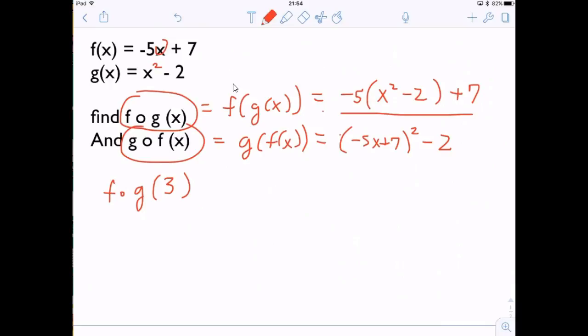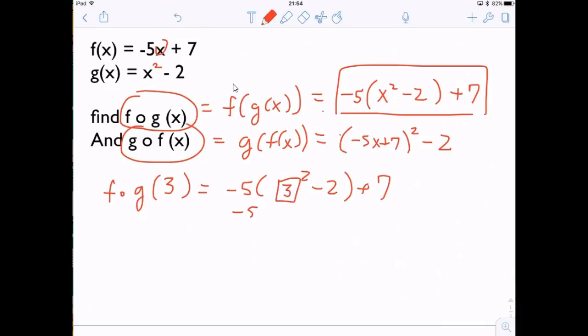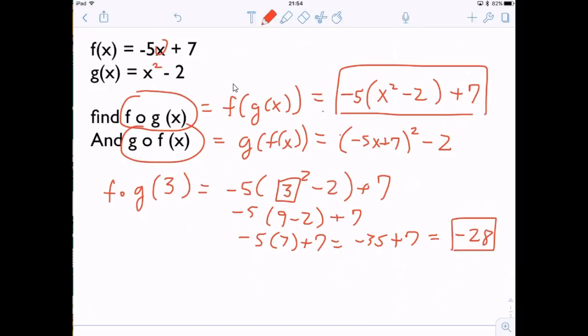One of the ways you could do it, and I'll show you this way first, is you just put the 3 into this expression, where we have the x. We just simplify. So then we have negative 5 times 9 minus 2, plus 7. Negative 5 times 7 plus 7. That's equal to negative 35 plus 7 equals negative 28, right? So that's one way to get it.